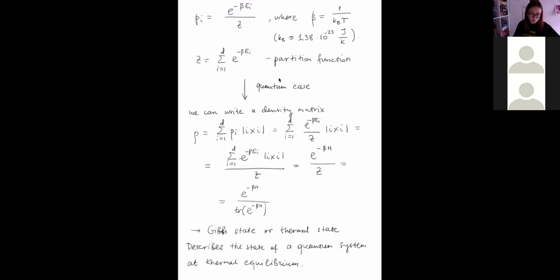Okay, so now let us see what the properties of such states are. The first property we will look at is decomposability.